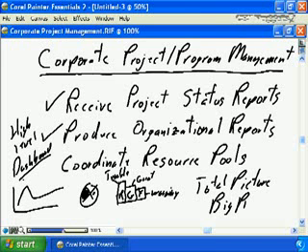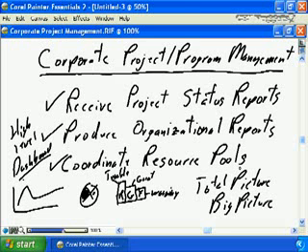Another common function is to coordinate resource pools. It may be the PMO actually owns the project management resources as discussed earlier, or it may be the PMO simply is aware of overall project delivery resources.